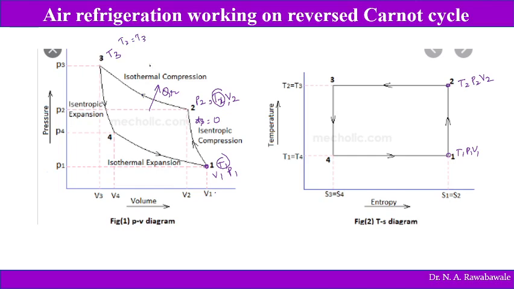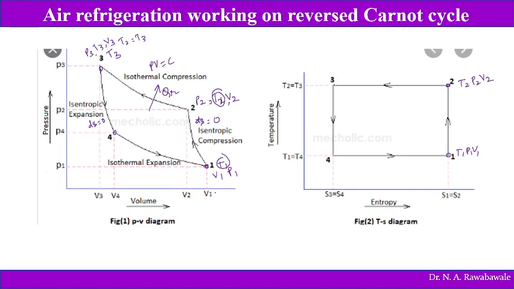So isothermal process is nothing but PV is equal to constant. Again, the pressure reaches P3, temperature reaches T3, volume reaches V3. Then here heat is rejected to the surrounding, and after this from point 3 to 4, this air is expanded isentropically. So there is no heat transfer, ds is equal to 0.